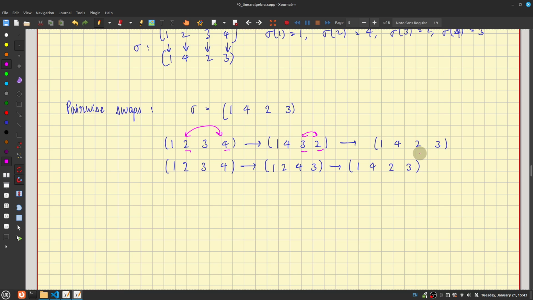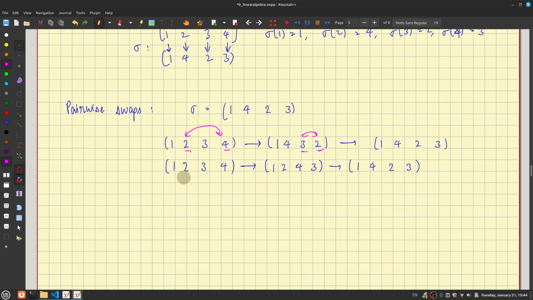Now it's obvious that given any permutation, I can reach this particular permutation from 1, 2, 3, 4 using a sequence of pairwise swaps. And the number of pairwise swaps that I need to make need not be unique, and it need not be the same set of swaps. For example, to get 1, 4, 2, 3, I could start with 1, 2, 3, 4.